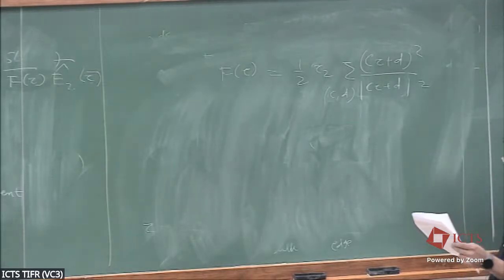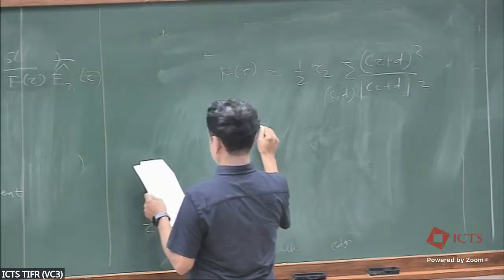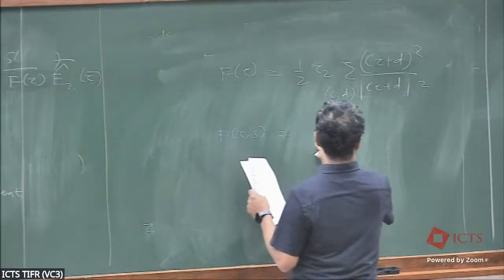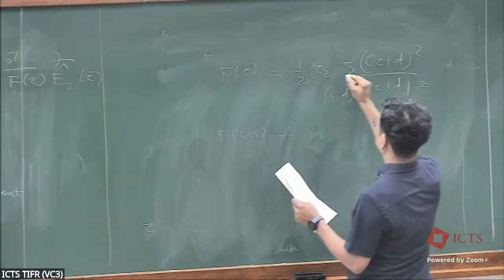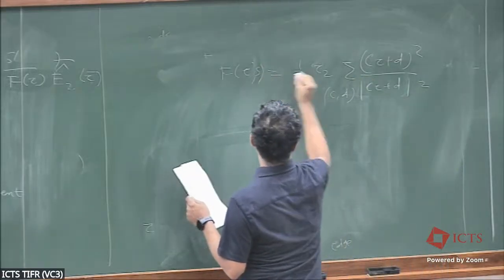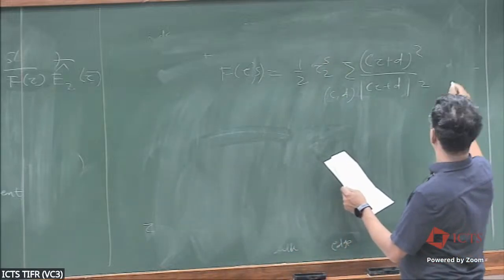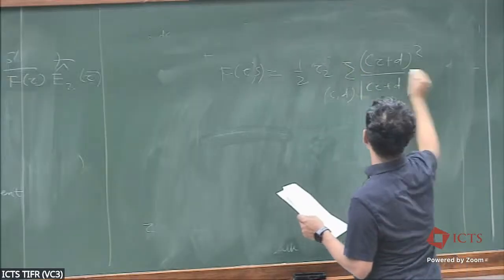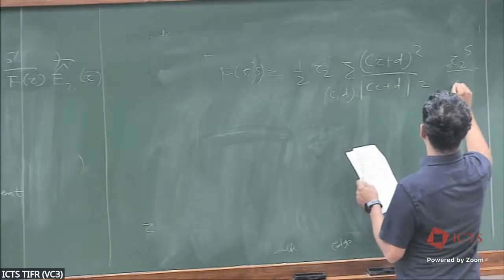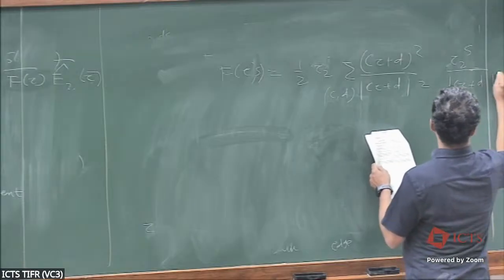And we can regularize it by defining a function f tau of s, where f tau of s is defined as you put s here, and you basically write tau 2 to the s over the absolute value of c tau plus d to the power 2s.